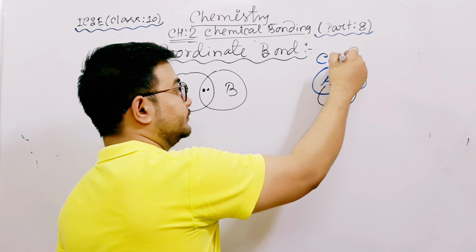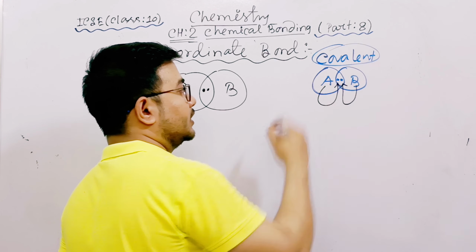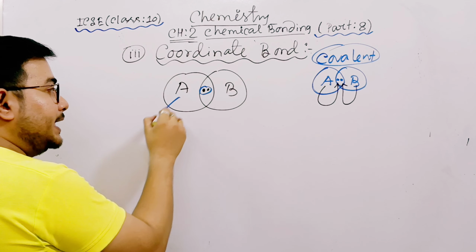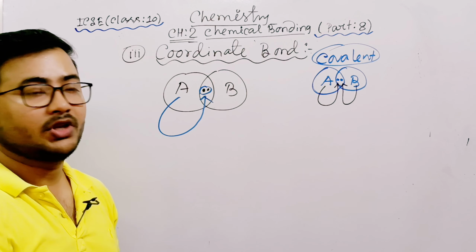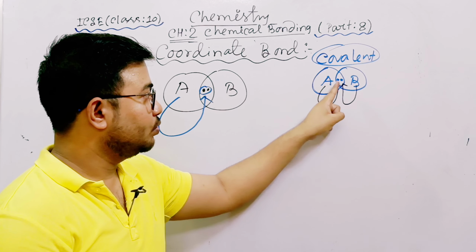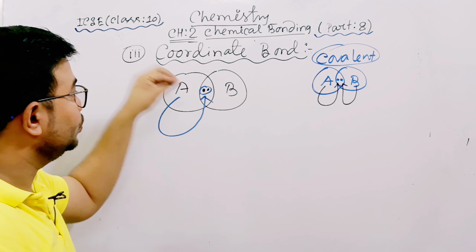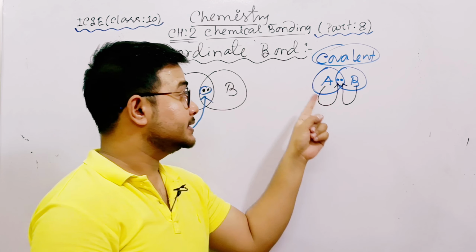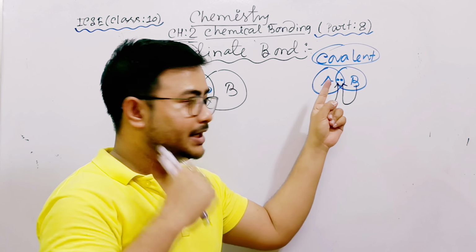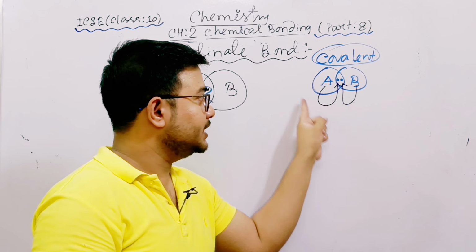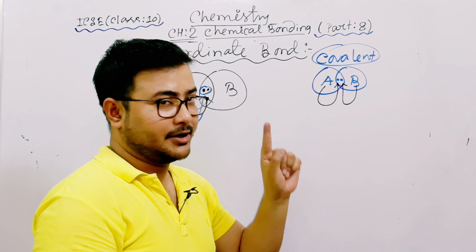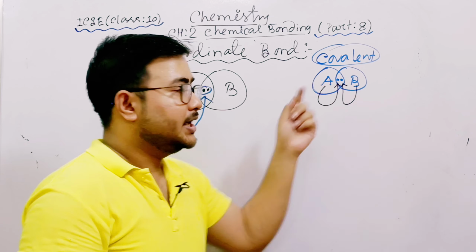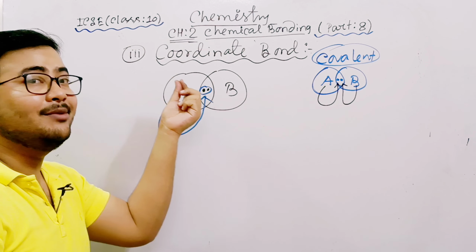It is covalent bonding. But one difference is here, that here both the electrons are donated by only one atom. Here two electrons are there, one from A, another from B. Here the pair of electrons is completely from one atom. Now second point, here two electrons, one donated by A, another donated by B. But this common pair of electrons is used by both the atoms. Here also this common electron is used by both the atoms.